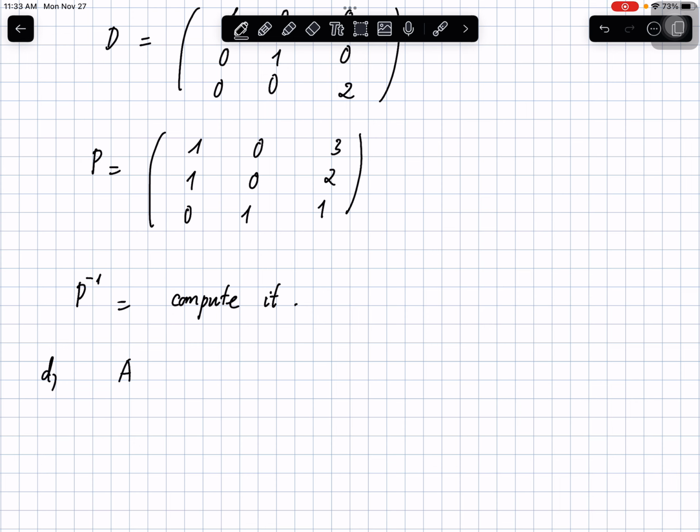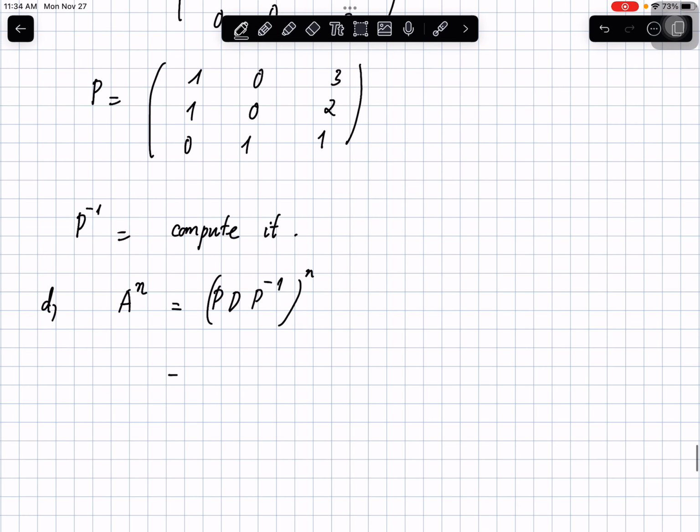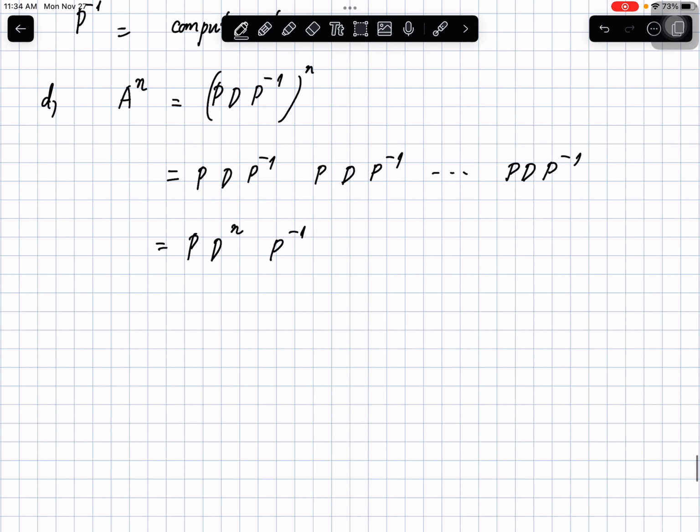The last part is to find A to the power n, right? A to the power n is (P D P inverse) to the power n, which is P D P inverse P D P inverse and so on. All of those P inverse and P terms cancel out. So this is P D to the power n P inverse.